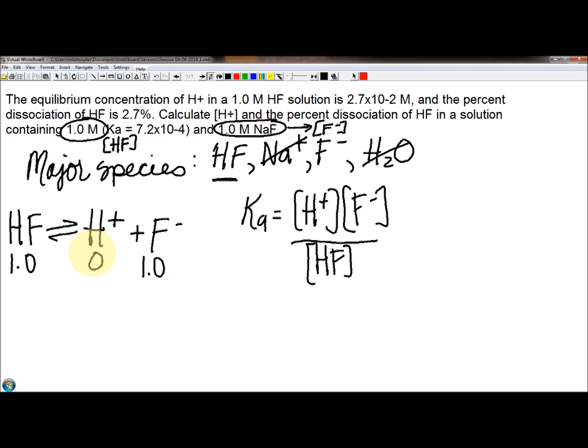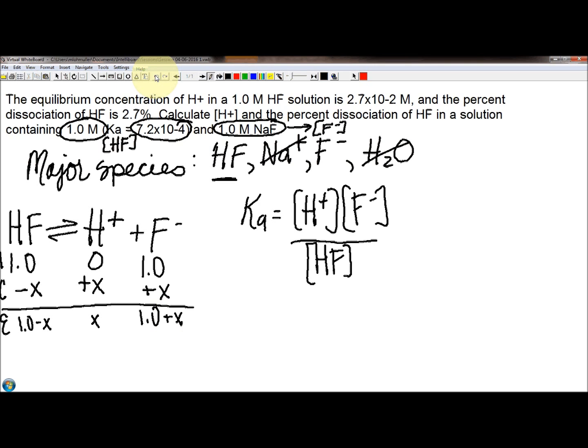But we don't have any hydrogen yet. So that's our I line. Next, our C line is our change, and we're going to subtract from the side without 0 and add to the side with 0. So at equilibrium, we'll have 1.0 minus X, X, and 1.0 plus X.